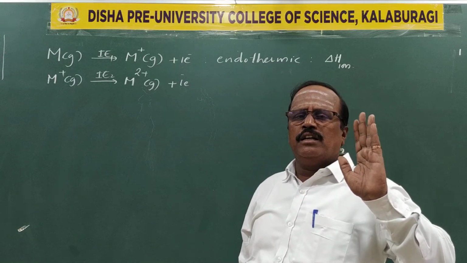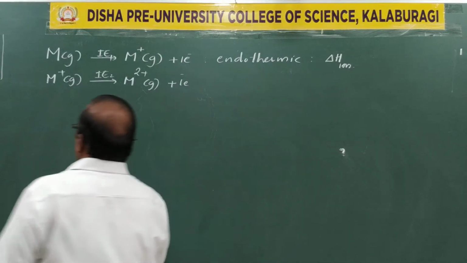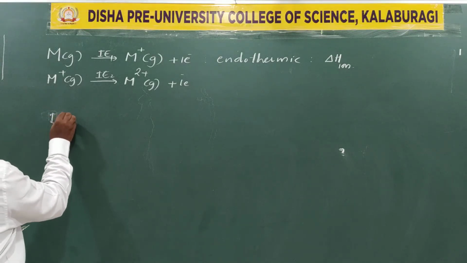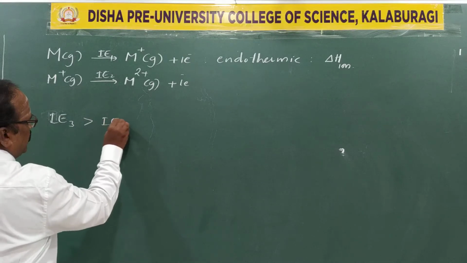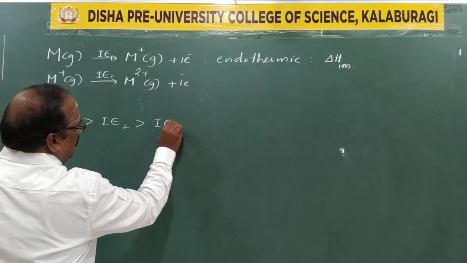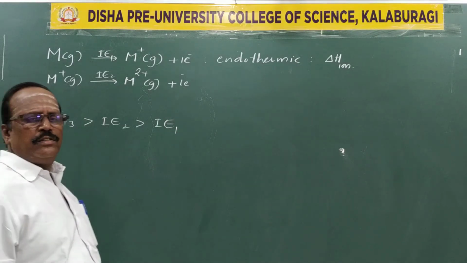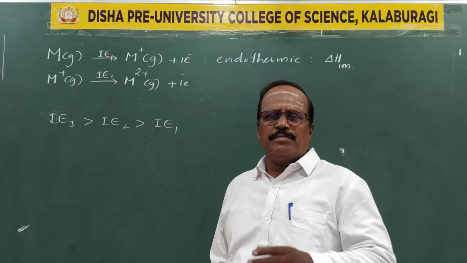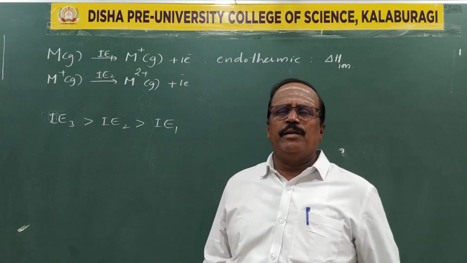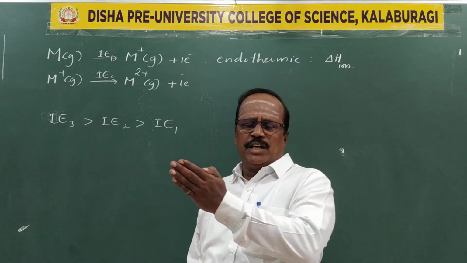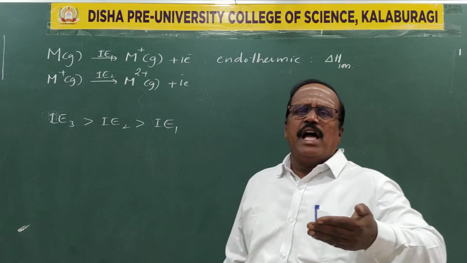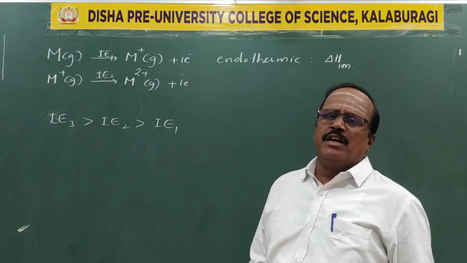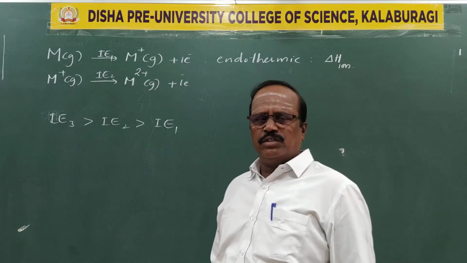Therefore, the CET point we have discussed is that generally ionization energy IE3 is greater than second ionization energy, which is greater than first ionization energy, because M3 plus ion size is less compared to M2 plus, M2 plus size is less compared to M plus, and M plus size is less compared to M. Likewise, as the positive charge increases, size goes on decreasing and ionization energy goes on increasing.